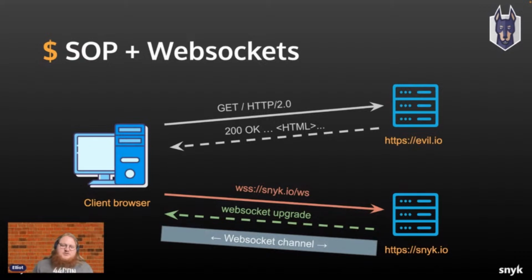And once this has happened, we will have a bidirectional WebSocket established, and both the client and the server can read and write to this WebSocket connection. So the evil.io domain is actually speaking to a WebSocket on Snyk.io, and we're not being restricted by the same origin policy. So this can lead to some potential downfalls and some dangerous situations.